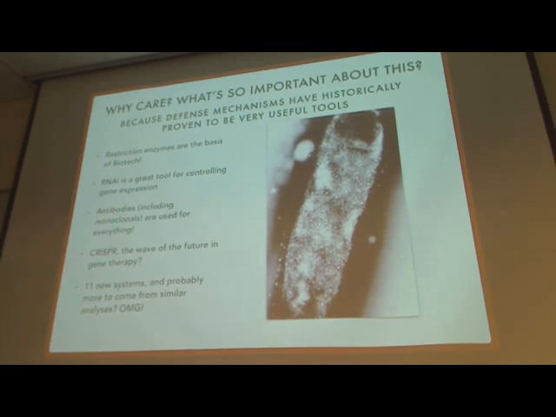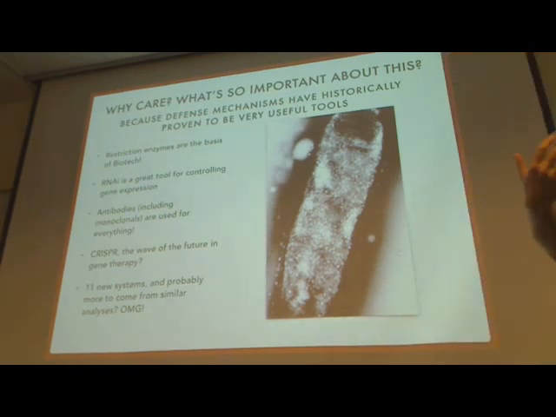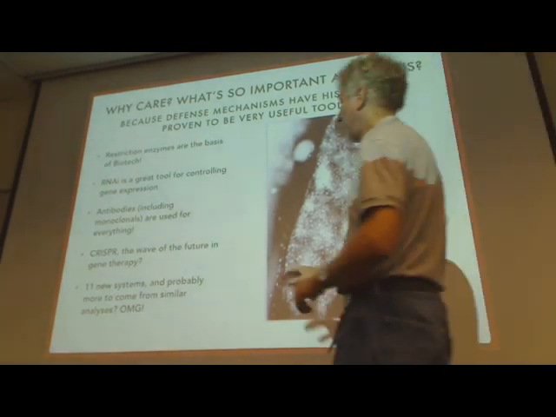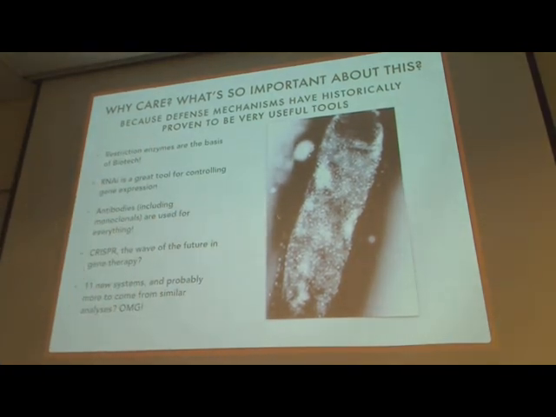Can you imagine doing science these days without antibodies? You're all the time labeling proteins and things with antibodies. CRISPR. It's hard to overestimate how important CRISPR looks these days in terms of what we can do with it. And it will probably be, like I say here, the wave of gene therapy in the future.